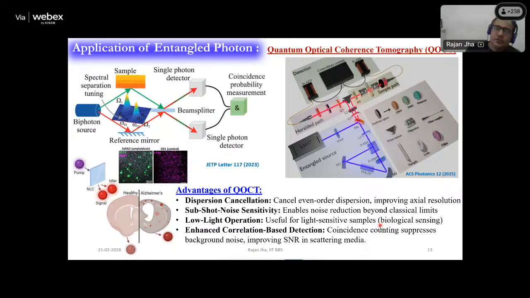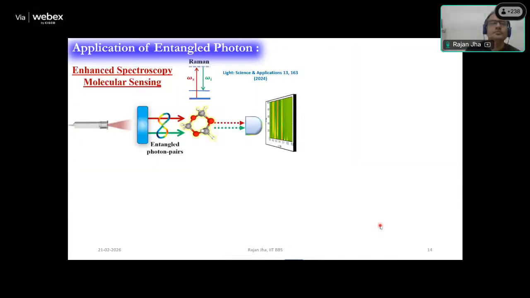So using this quantum enhanced tomography, even for media which are very scattering, imaging is still possible. The light that you have is low and scattering is high, but you can still suppress some of those background noises, and you can have a very good signal to noise ratio even working with scattering media.